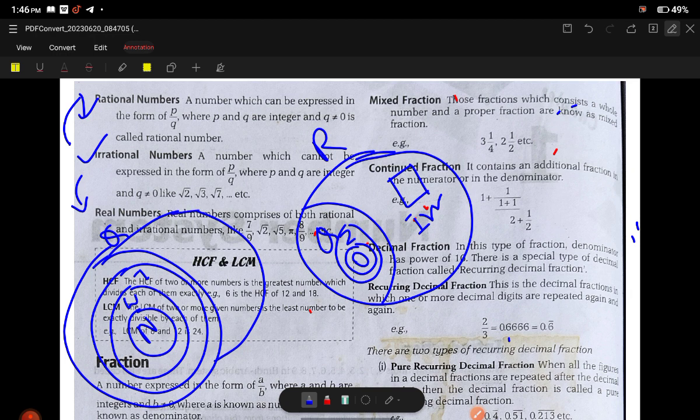Containing all these things you get the real numbers. So this is the Venn diagram, two parts, rational and irrational. Inside rational, integer, whole and natural numbers. This is the Venn diagram explanation of the number system.